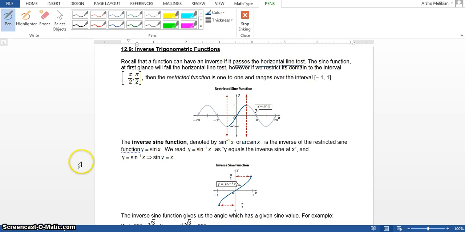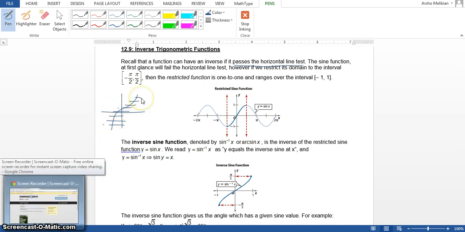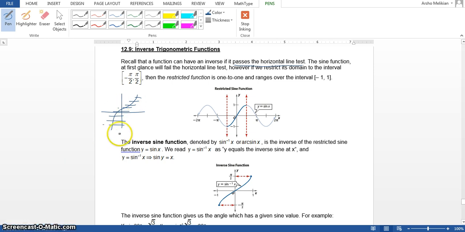So for example, if I have a function, the graph of which is something like this, and I apply the horizontal line test, meaning I draw a series of horizontal lines and they only cross the graph at one point at a time, if it passes, then yes, it has an inverse. If it doesn't pass the horizontal line test, then no, it does not have an inverse.